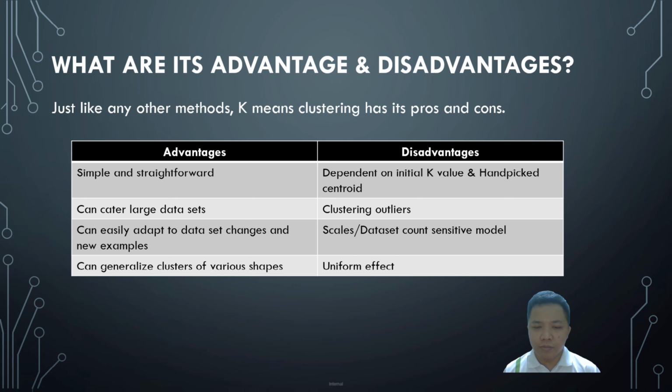And as I mentioned, once it captures the outliers, another disadvantage is that it has a uniformity effect. Regardless of any abnormality within the data, or anything not normal on one or two data points, it treats that data as uniform with the others, regardless of any certain variable to it.